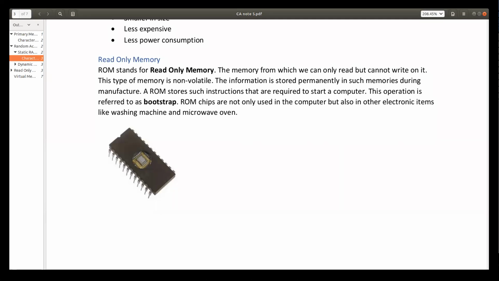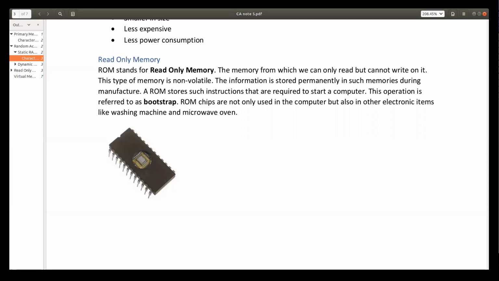Now, why do we use ROM actually? We use it in several places, in several devices, knowingly or unknowingly. For our computer system, ROM is used for booting up.